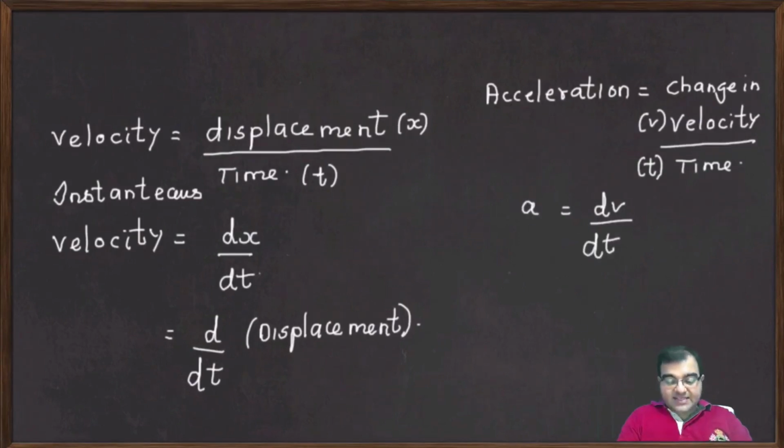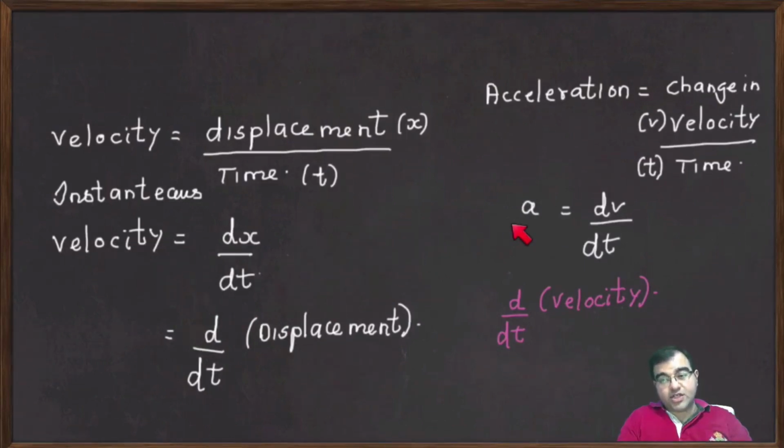So I will say acceleration is equal to d by dt of v, which in words is said: acceleration is the derivative of velocity with respect to time. So how do you read acceleration? It is the derivative of velocity with respect to time. So what is your input? Time. Remember, whether it is velocity or acceleration, your input is time.